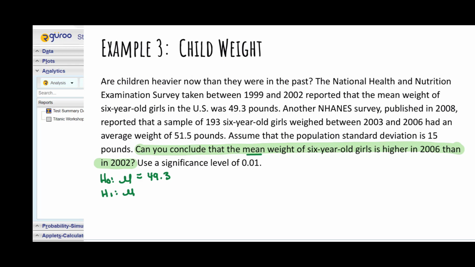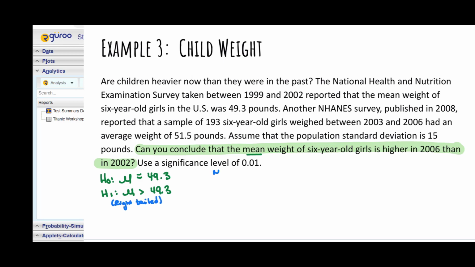They explained the sample is 193 6-year-old girls, and their sample mean weight was 51.5. And so we want to know if that sample can show us that the weight has increased. So it's greater than 49.3. So this is definitely right-tailed because it is greater than.